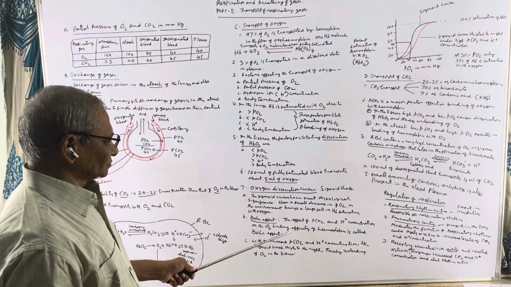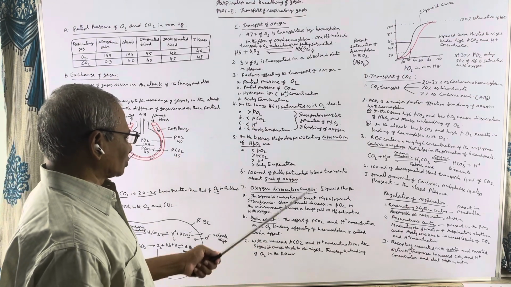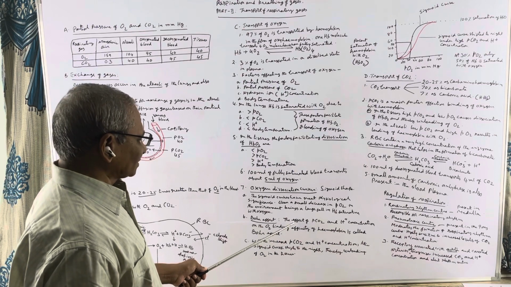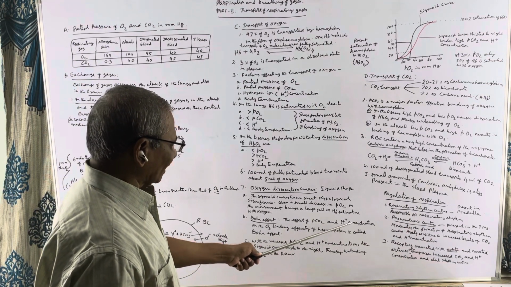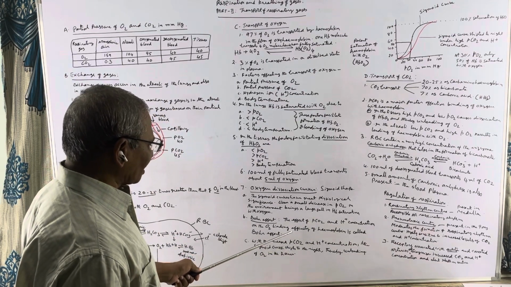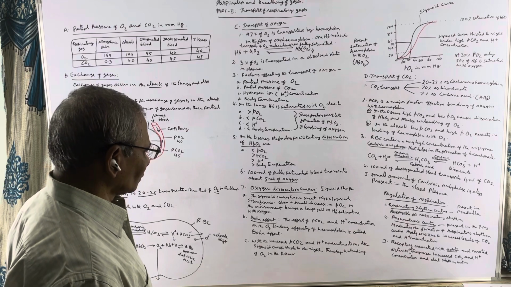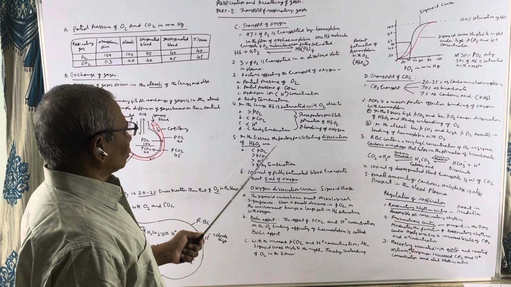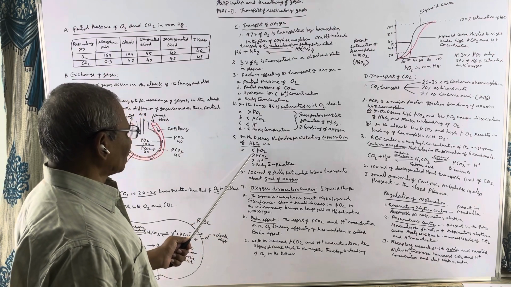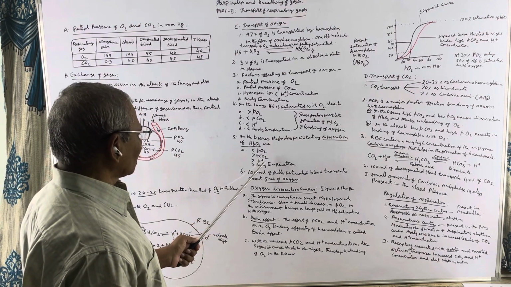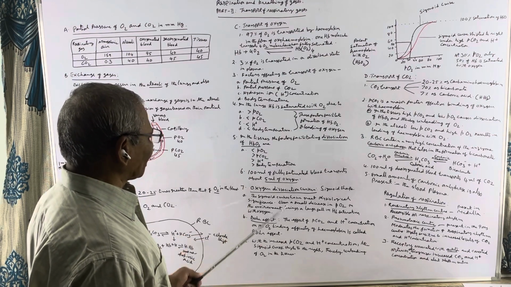Bohr effect. It was discovered by Bohr, a scientist, so it is known as Bohr effect. Bohr effect means the effect of partial pressure of carbon dioxide and hydrogen ion concentration on the oxygen binding ability of hemoglobin. I have told you, in the tissues, there is low PO2, high PCO2, high hydrogen ion concentration and high body temperature.